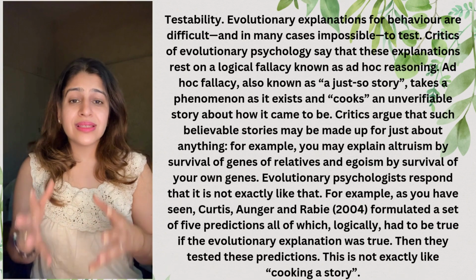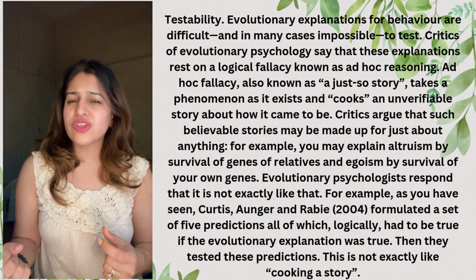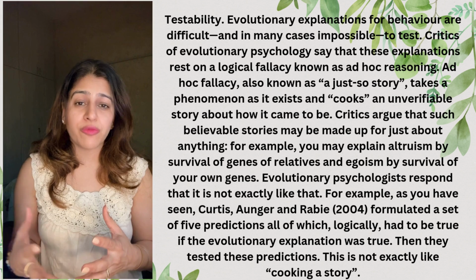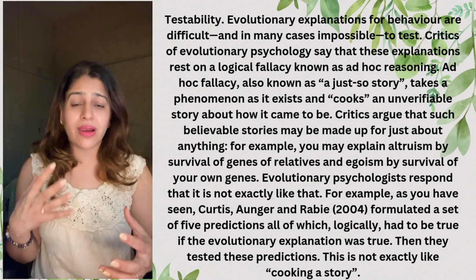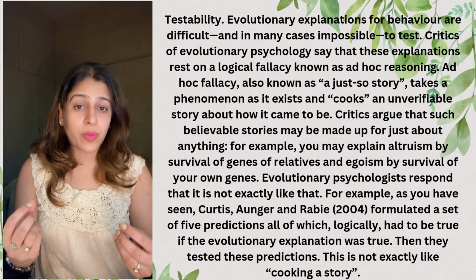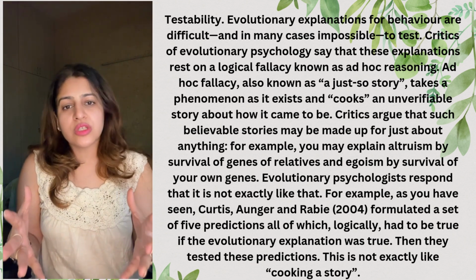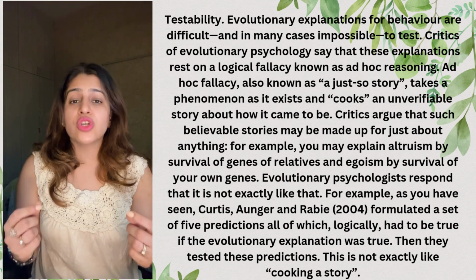And the second thing is testability. Testability is also very questionable in this evolutionary explanation of behavior, where researchers say that whatever we are linking or connecting evolutionary explanation with the behavior of a person, it could be just a story or just an assumption, or maybe by chance. It's just a coincidence.